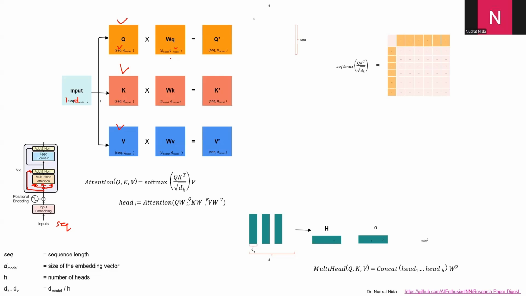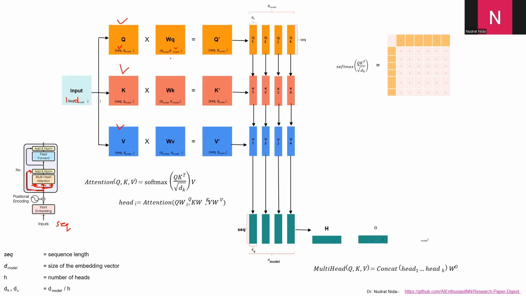So this Q prime, K prime, and V prime are further passed to multi-head attention, and multi-head attention divides them into Q1, Q2, Q3, Q4, K1, K2, K3, K4, V1, V2, V3, and V4.